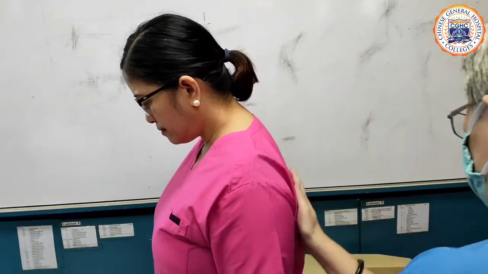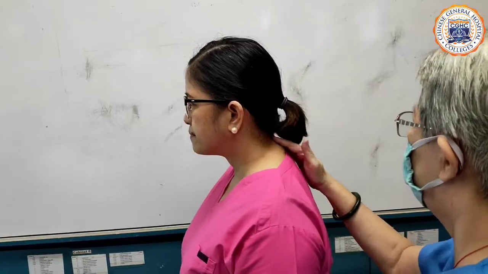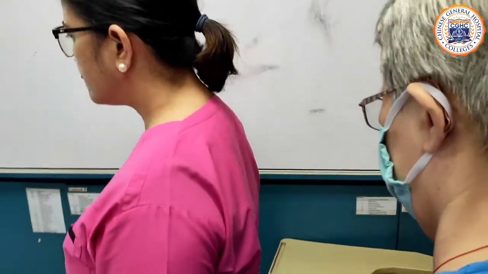For cervical, thoracic, and lumbar spine, observes the cervical, thoracic, and lumbar curves from the side, then from behind. Palpates the spinous processes and the paravertebral muscles on both sides of the spine for tenderness or pain.